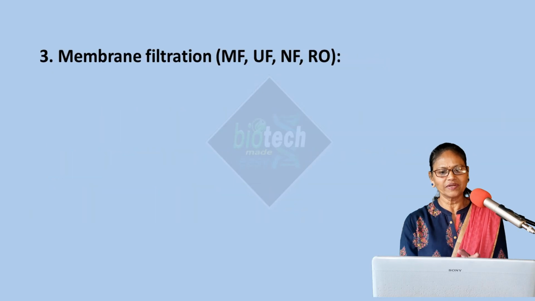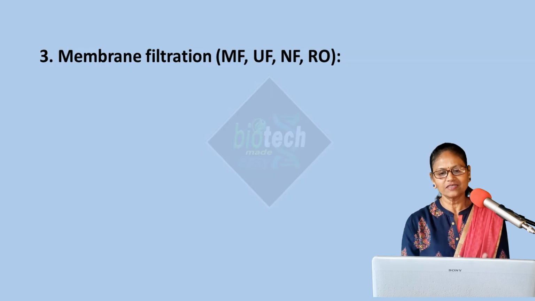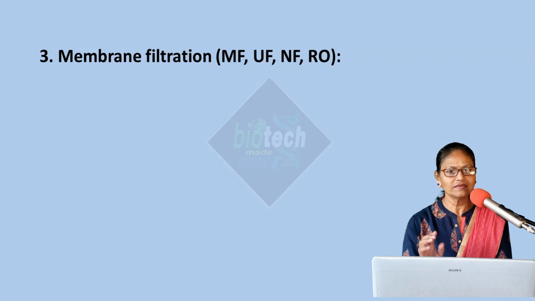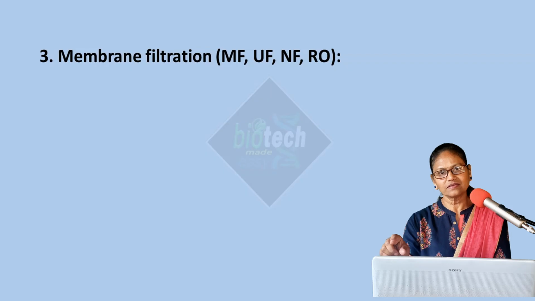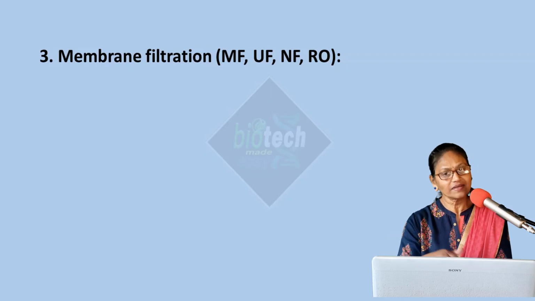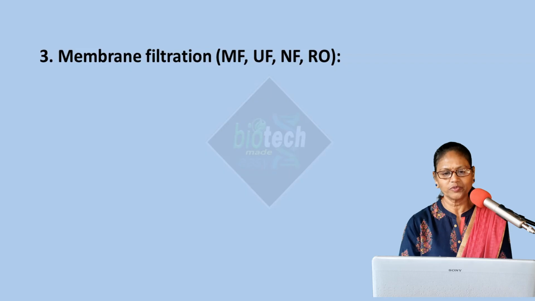Here you use membranes. MF is microfiltration, then UF is ultrafiltration, nanofiltration, and RO is reverse osmosis. All these different membranes differ according to their pore size, and their efficiency is also according to their pore size.